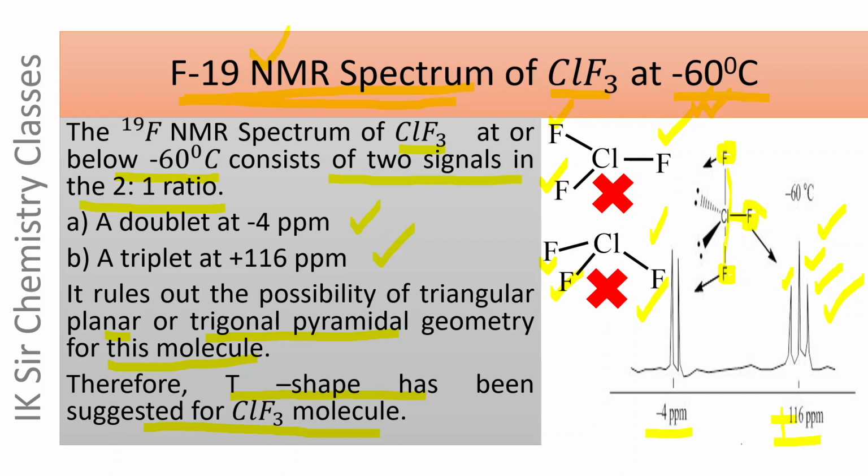The NMR signal due to axial fluorine atoms splits up into two peaks due to interaction with this F-19 nucleus present on the equatorial position, while the NMR signal due to this equatorial fluorine atom splits up into three peaks due to interaction with these two fluorine nuclei present on axial position.